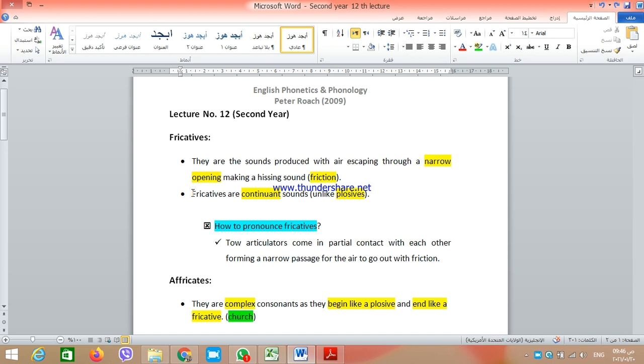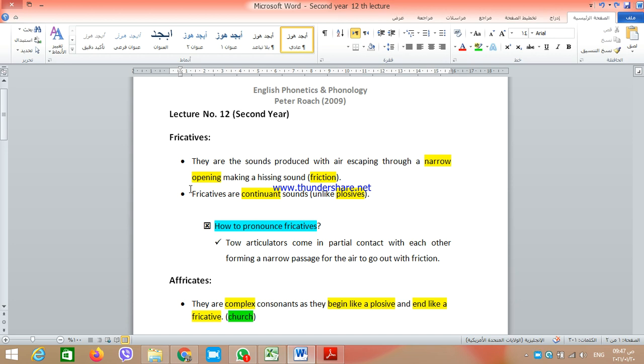Fricatives are continuous sounds, unlike plosives. So what do we mean by continuous sounds? Continuous sounds are the sounds produced with the sound going on as far as we have air in our lungs.